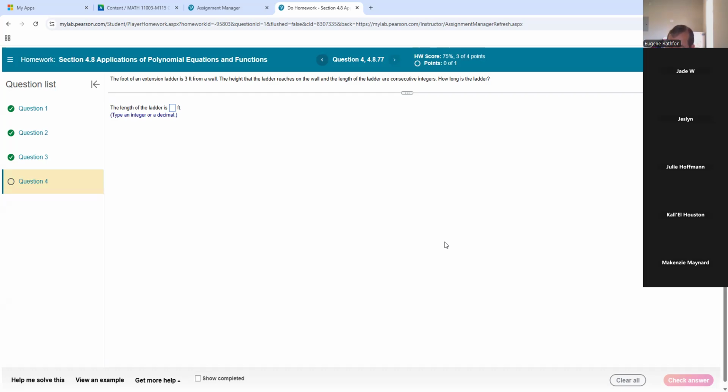Then the only thing they want to know is how long is that ladder?